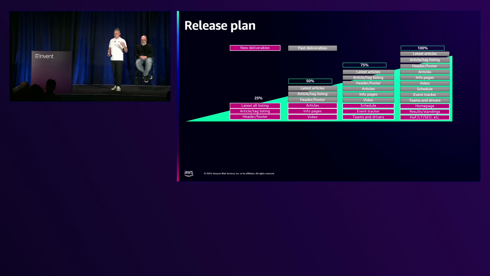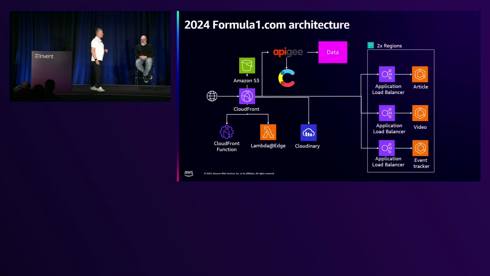And then, release by release, we've been adding functionality. You see, just shifting to the right, the magenta boxes depict the new functionality which is added at each release until we reach 100% of shifting the traffic. And the final architecture is the one on screen now.